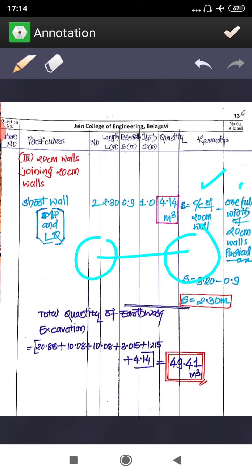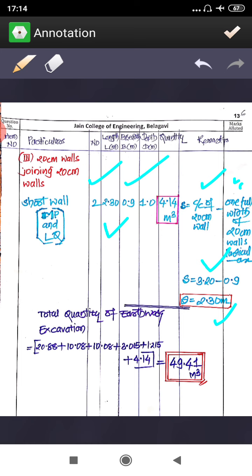If both the particulars are same, here also you are having 0.9 by 2 and here also you are having 0.9 by 2, it means that you are going to deduct one full width there, so that I have taken here. See, that is one full width from that 20 centimeters particular, so it is 3.20 minus 0.9, so it is going to be 2.30. So 2 numbers into 2.30, 0.9 into 1, so it is going to be 4.14 meter cube.